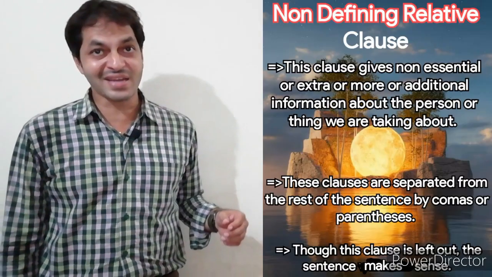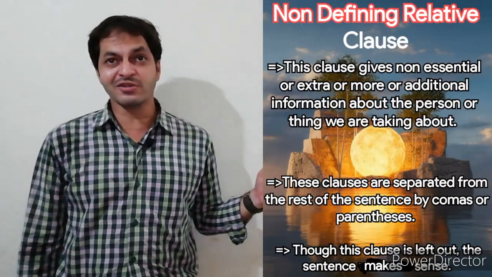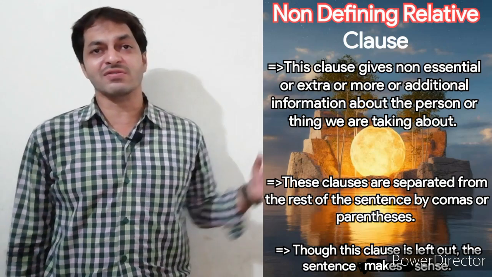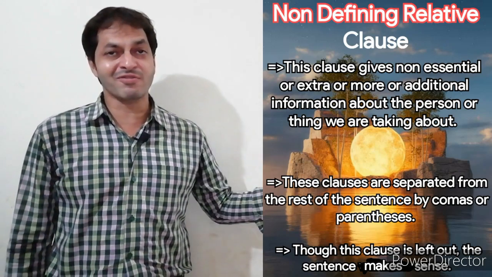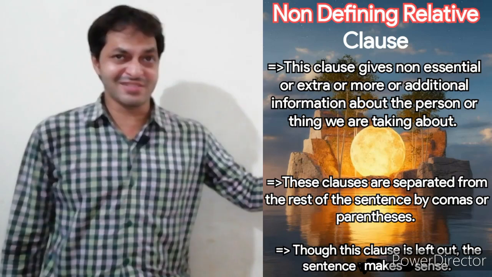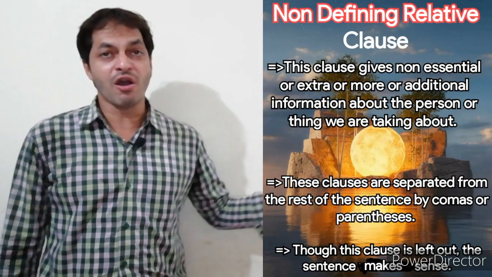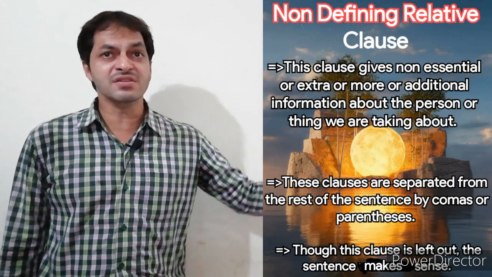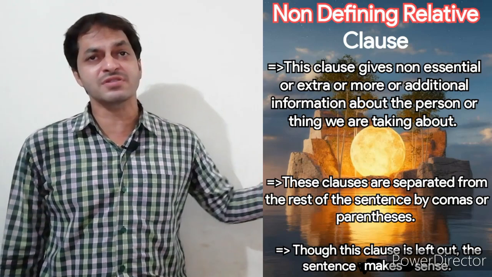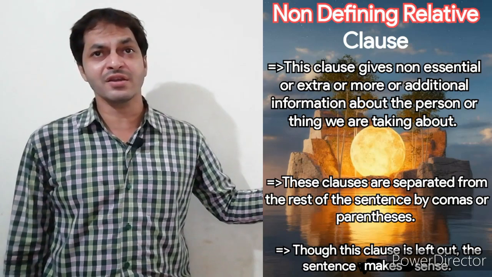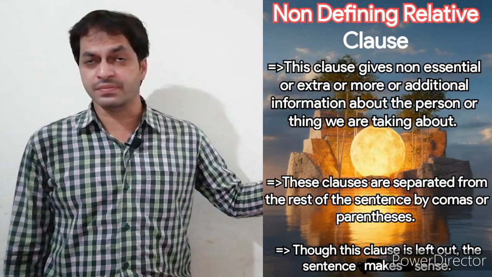Dear students, let us know what is non-defining relative clause. Non-defining relative clause gives non-essential or extra or more or additional information about the person or thing we are talking about.